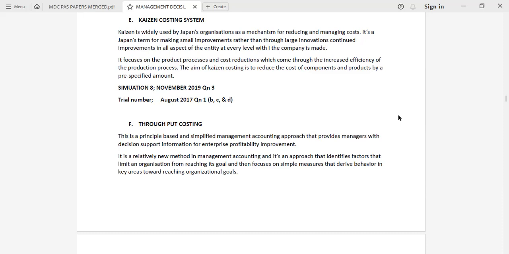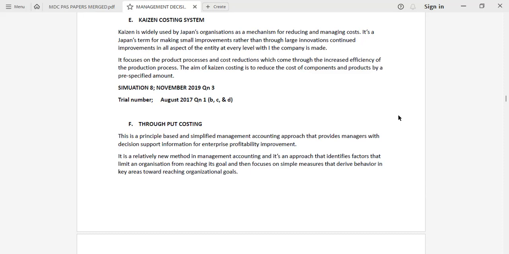One, we said we focus on small innovations. Even if you identify a larger innovation that can be done, make sure you implement it on a step-by-step basis. Secondly, you make sure that you are reducing the production processes. You maximize everything in terms of resources, and you are not increasing the costs, but reducing them.